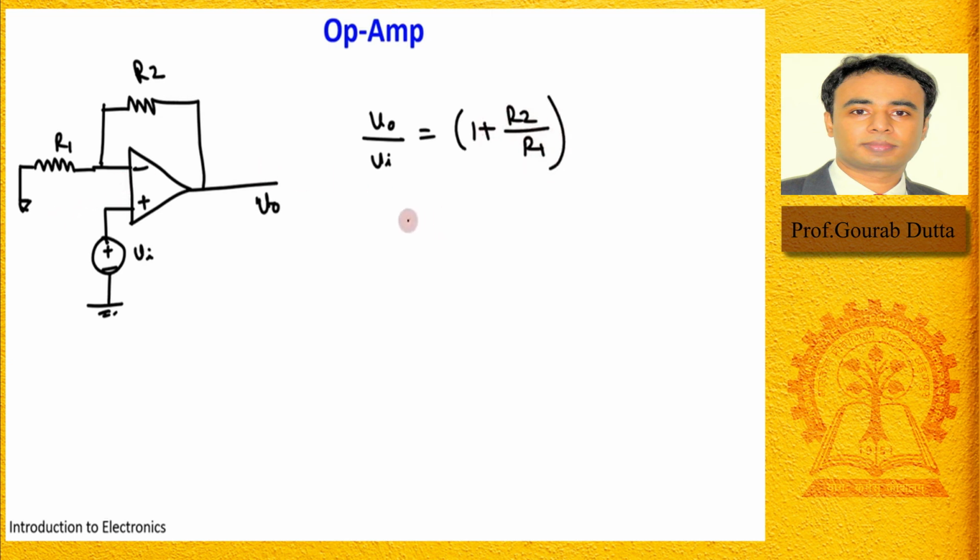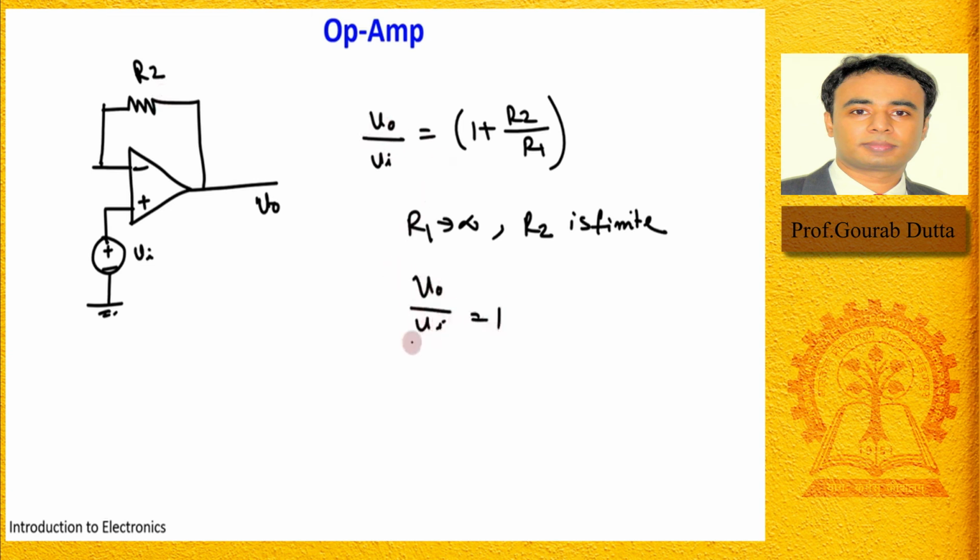Now what am I saying? Suppose R1 is very high. R1 very high means we can consider this R1 is not there, right? So the circuit is like this. If this R1 is infinite, and this R2 is finite, maybe some kilo ohms, then the gain is 1.